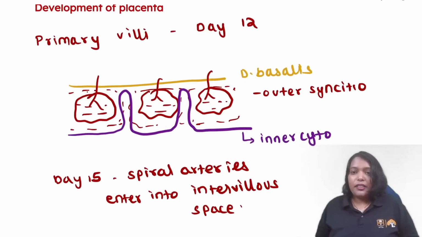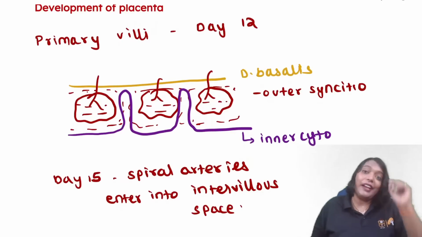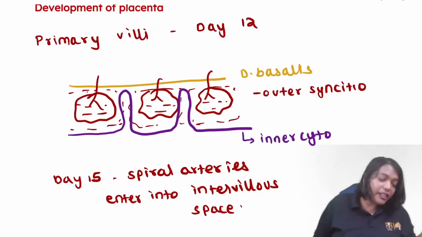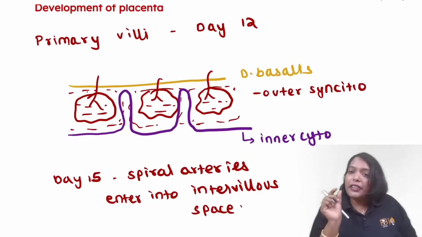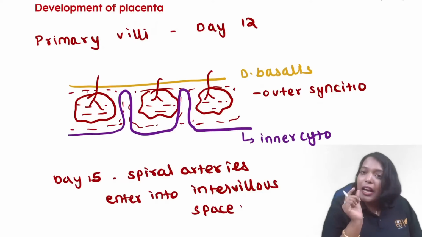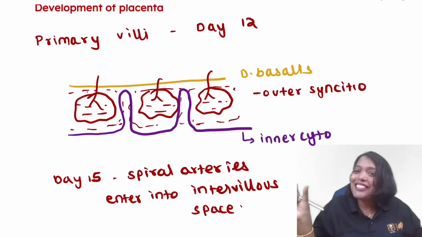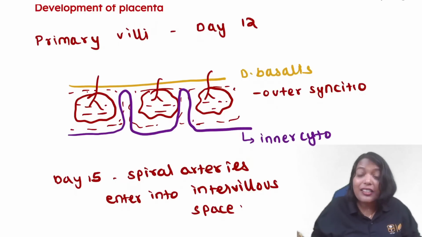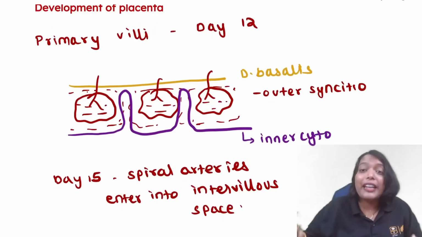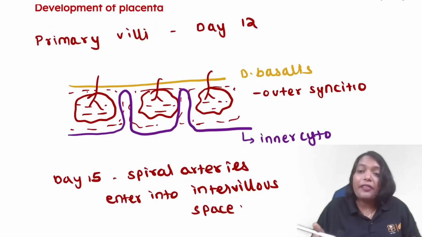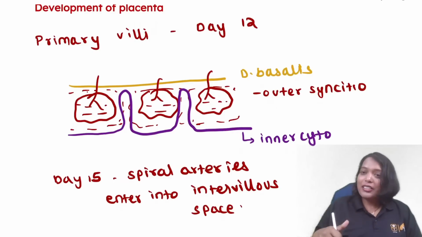Okay. So basically, if somebody asks you when is the uteroplacental circulation established, what should be your answer? See, in the question itself, you will have the explanation. Uteroplacental circulation. So on which day are the spiral arteries entering into the intervillar space? Day 15. So on day 15 you have the uteroplacental circulation being established, right? So this is about the primary villi.